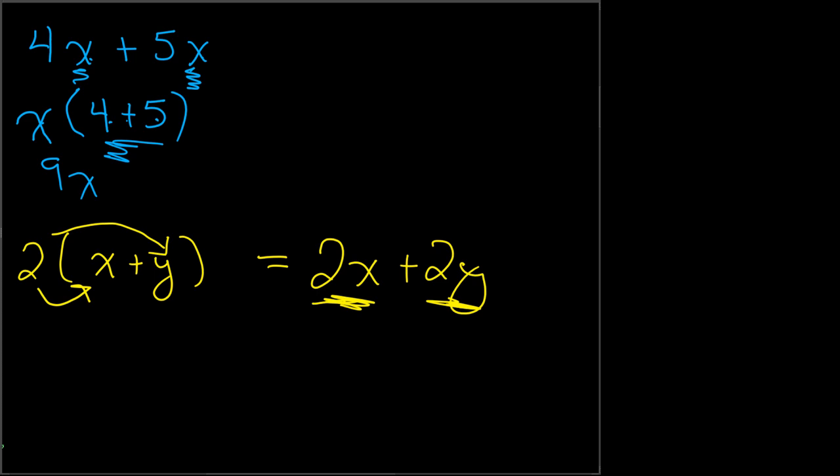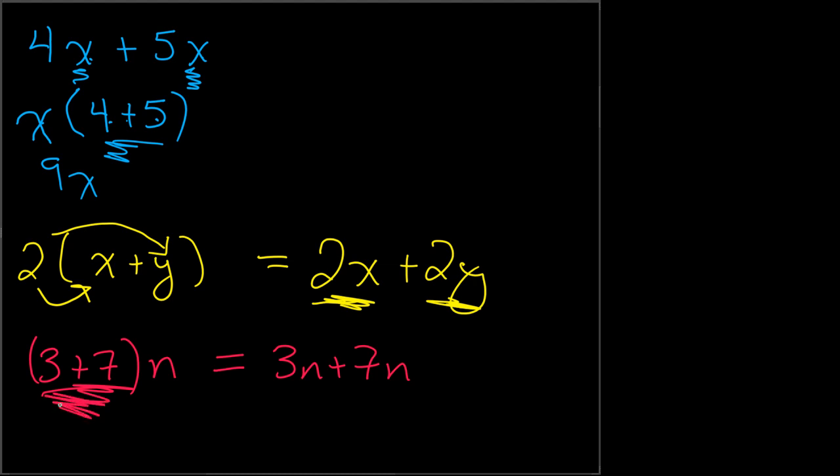We can also see it when we have the variable. We could say this is 3n plus 7n. Because I can do that addition first, it's 10n. And that's what happens when I put these together, it's 10n.